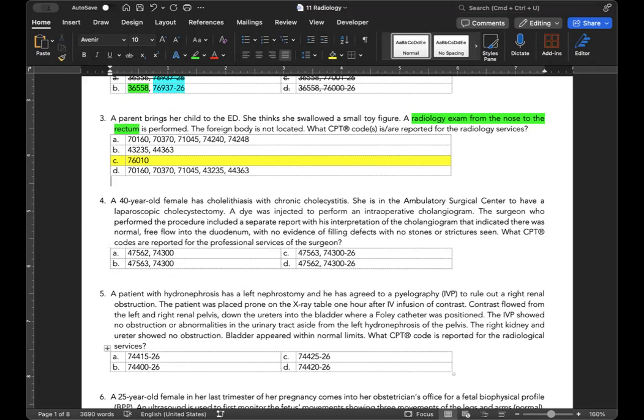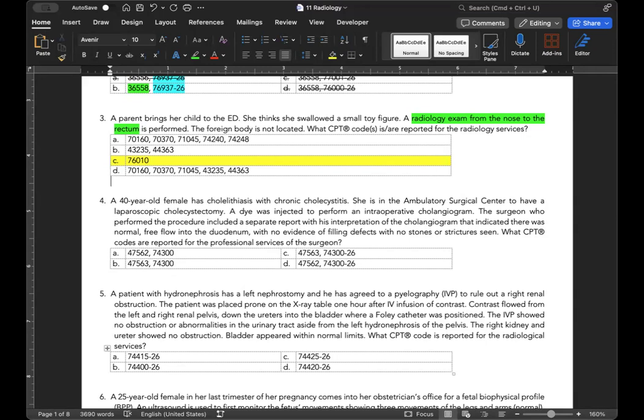Yes, the code description states radiological supervision and interpretation, but whenever it says that, it means it's included, and they're also including the technical component as well.